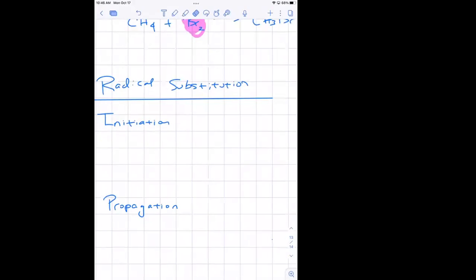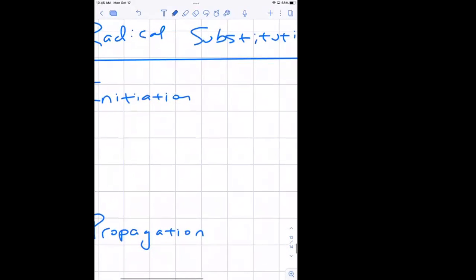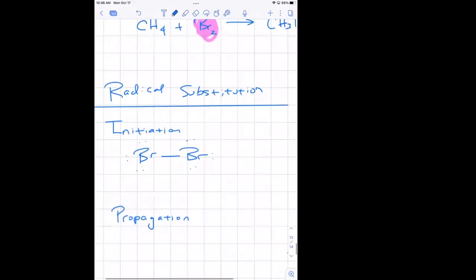That bond is easier to break than a carbon-hydrogen bond because halogens have a big atomic radius, and the bond between them is really long and weak, easy to break. So initiation, I'm going to take bromine and break that bond homolytically.